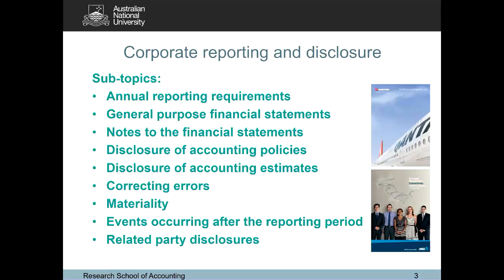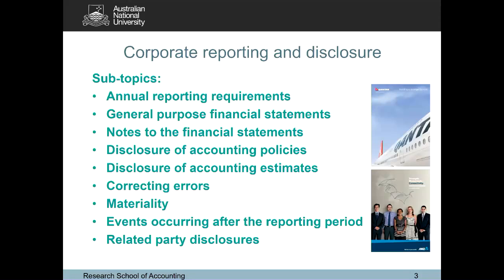When we prepare the statements up to a point in time, we still need time to finalize them because the directors and the auditor need to do their work. Before the reports are ready for users, it normally takes maybe three months. Your end of period is the 31st of December, but you probably can issue the reports on the 1st, 30th or 31st of March, two or three months later.